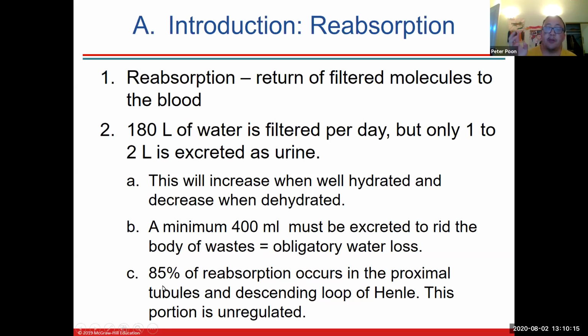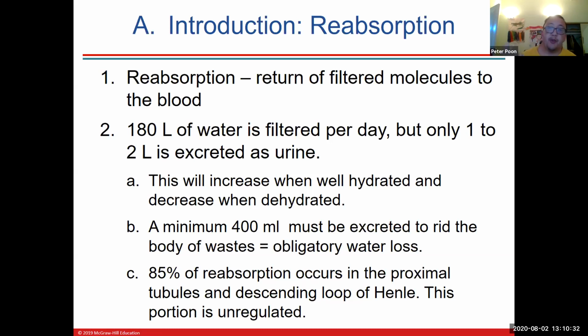85% of the reabsorption occurs in the proximal convoluted tubules and the descending loop of Henle. This portion is unregulated, so this will automatically happen. The rest of it is where we can tinker with it when we need to.